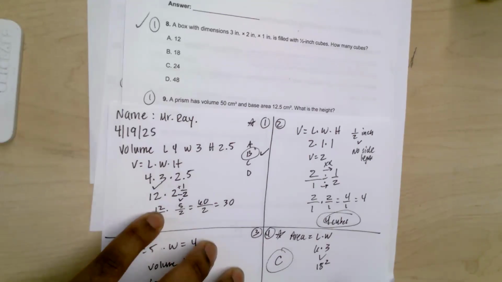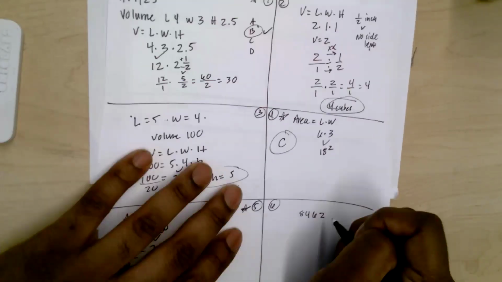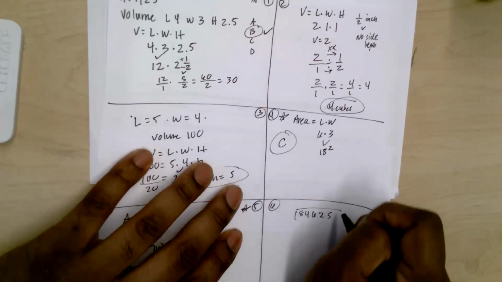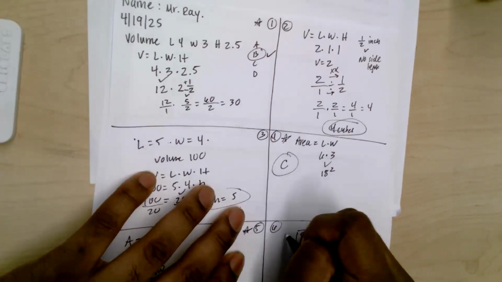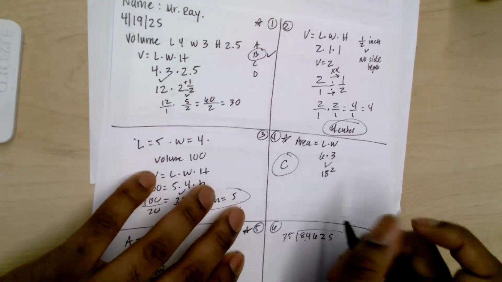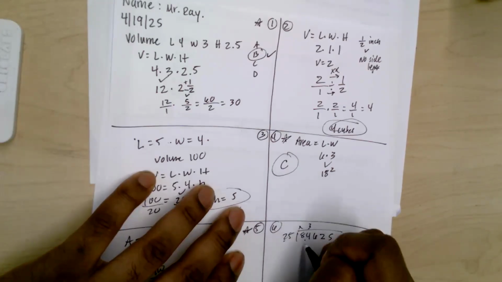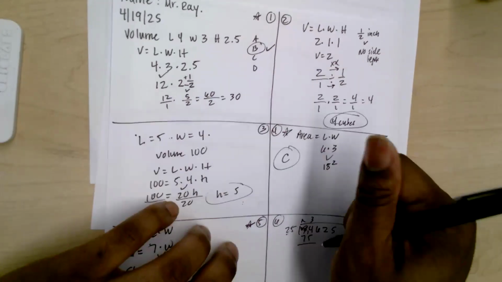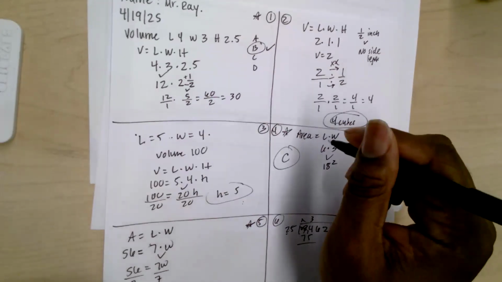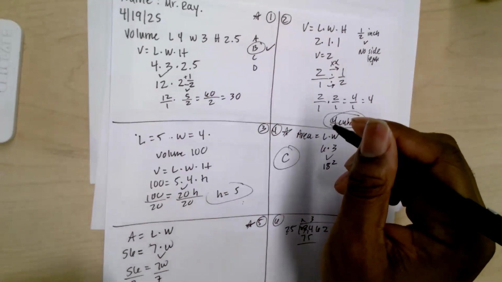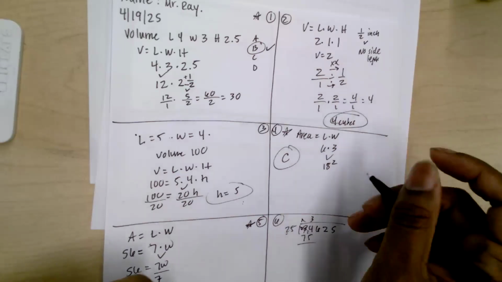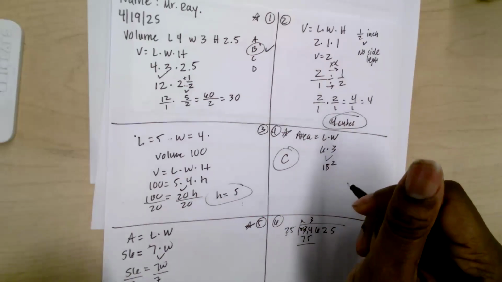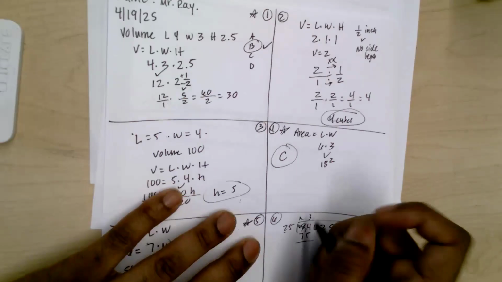84,625 divided by 25. 25 goes into 84 3 times at 75. That's a 9.